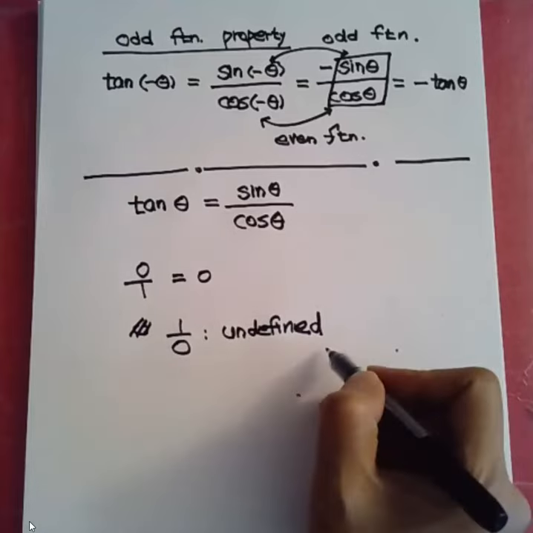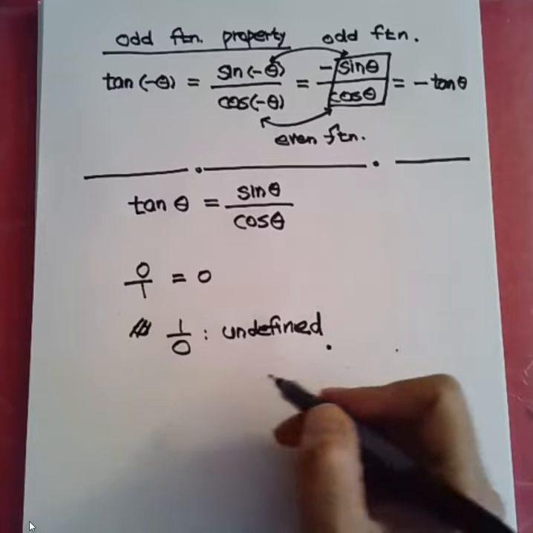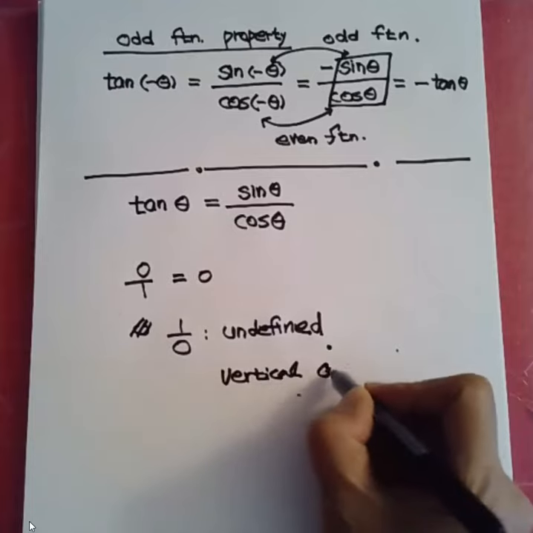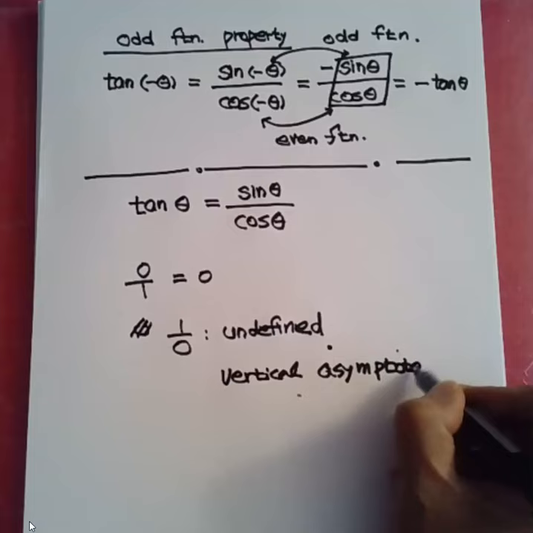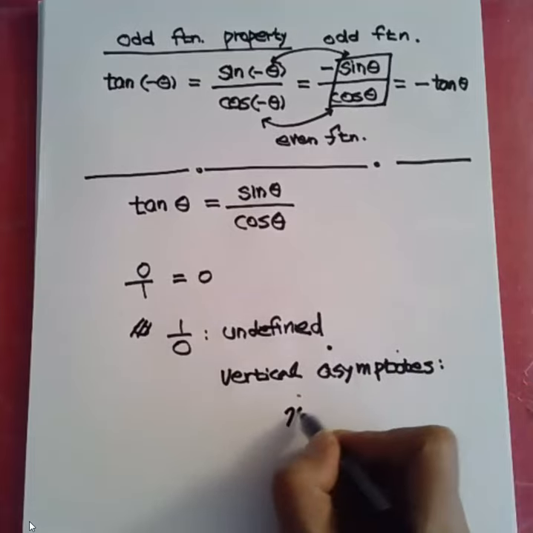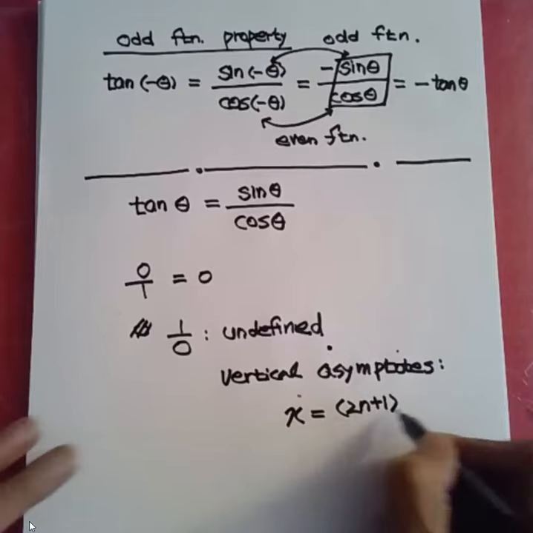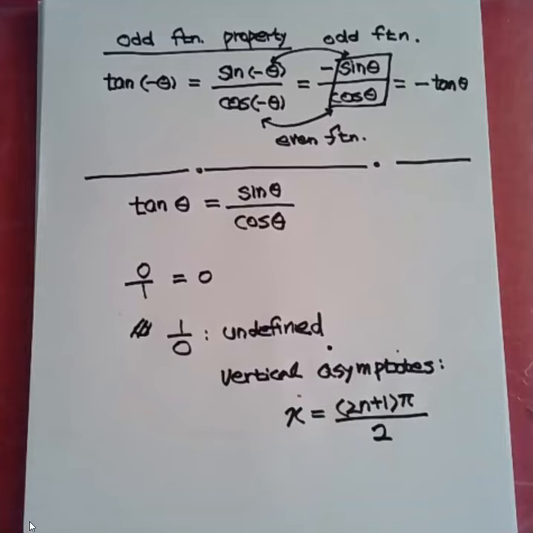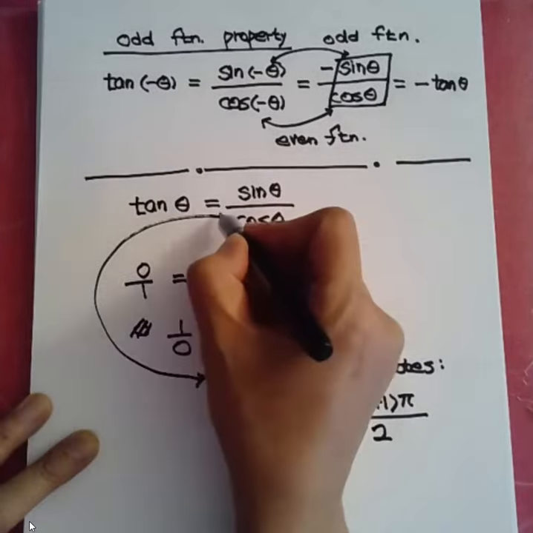This property determines the vertical asymptote x equals (2n plus 1) pi over 2. And that is about cosine.